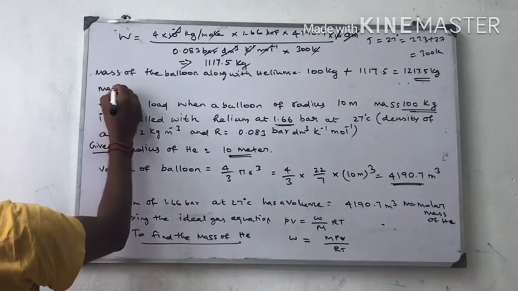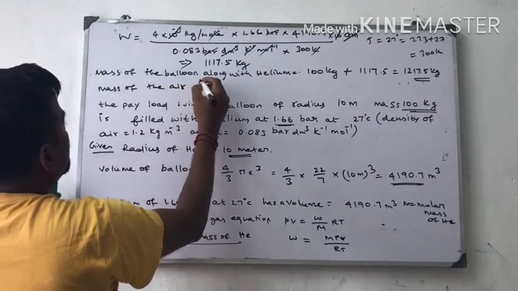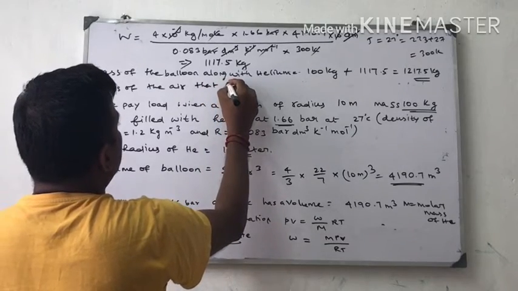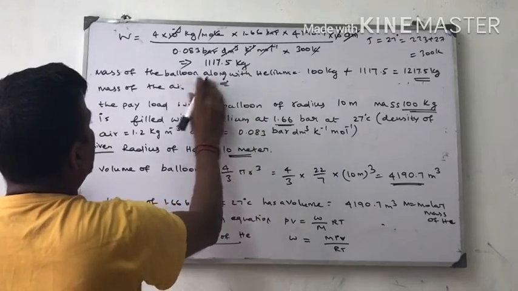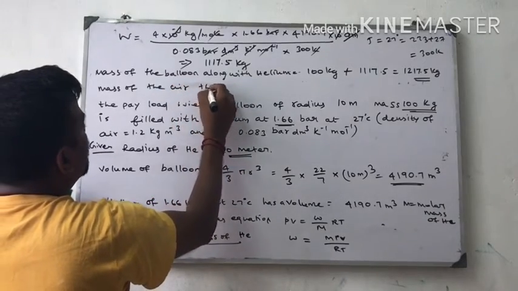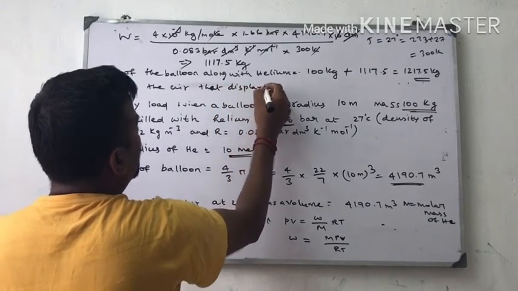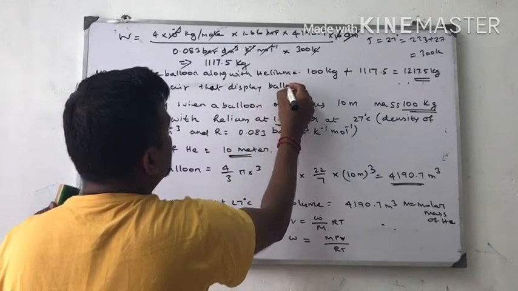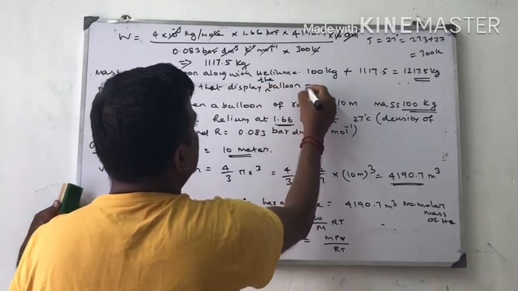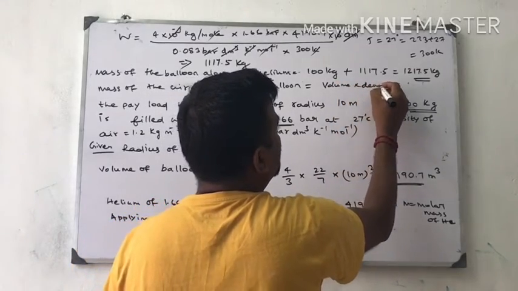Next point is the mass of the air that displaces the balloon. Mass of the air displaced is equal to volume into density.